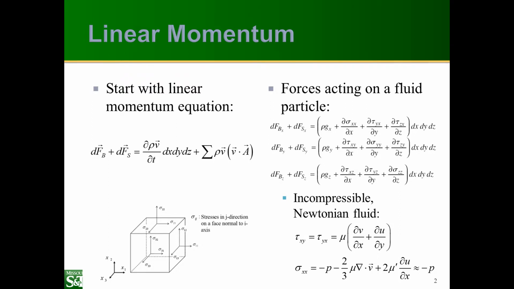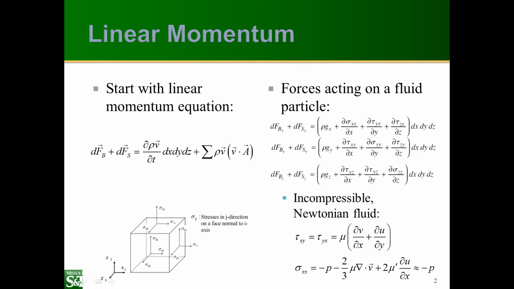For an incompressible fluid, we usually neglect this bulk viscosity and we approximate our normal stress as the thermodynamic pressure. It may, however, not be totally negligible during rapid expansion or contraction, for instance with shock waves. However, most of the time, we just assume that the normal stress is equal to the pressure.